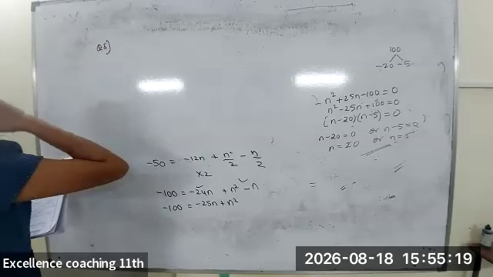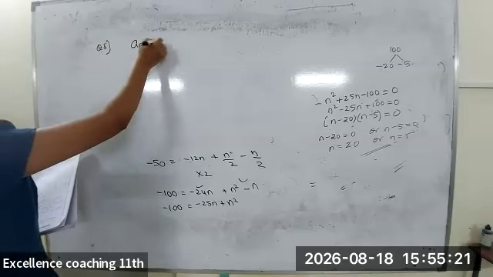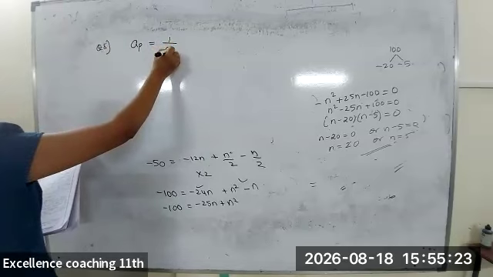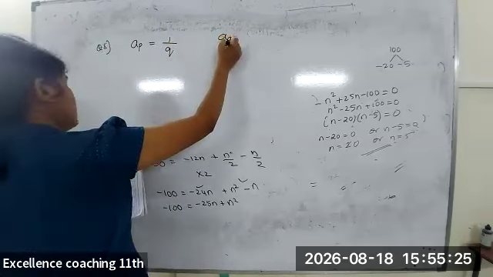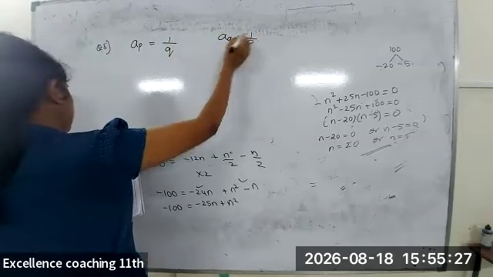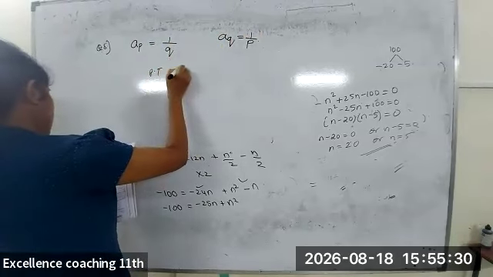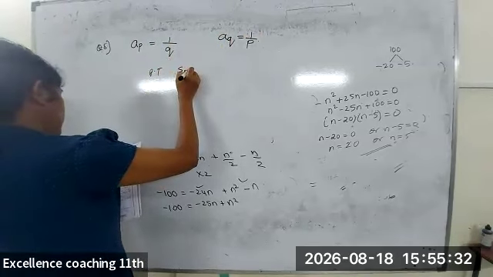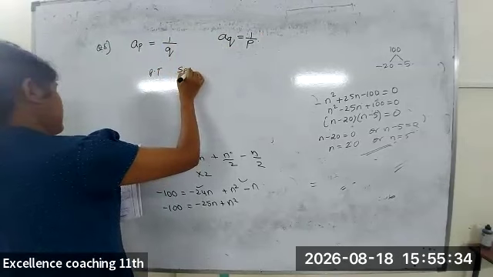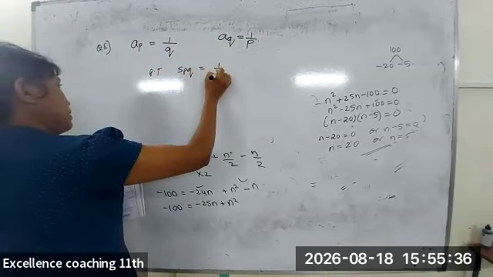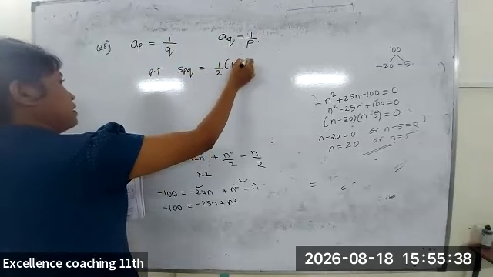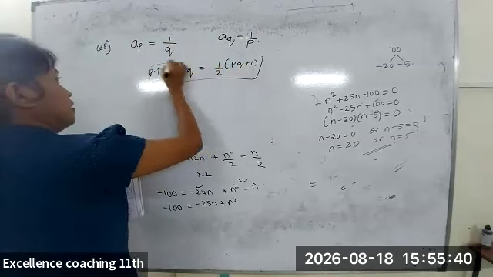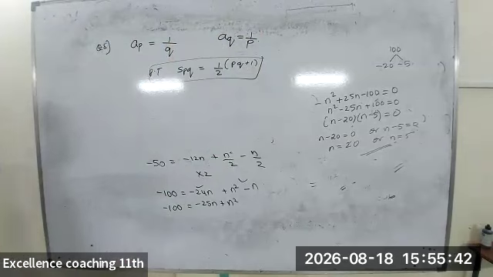In an AP, the pth term is given as 1 by q. The qth term is given as 1 by p. This is what you have to prove.